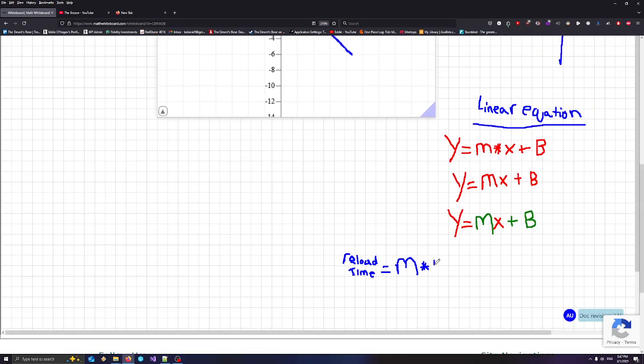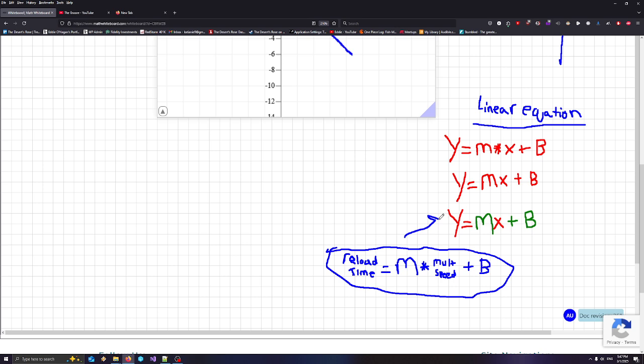So mult speed plus the. So that's exactly the same thing we have here.